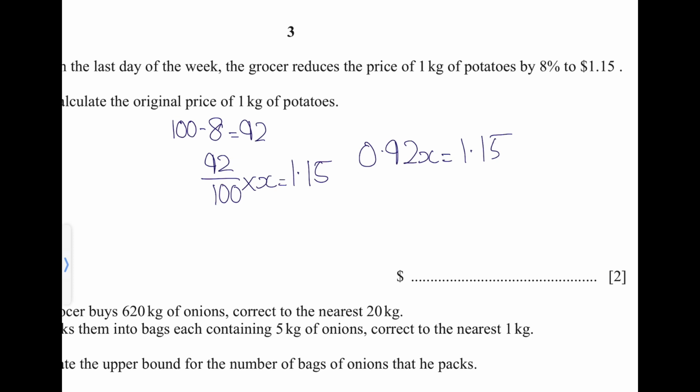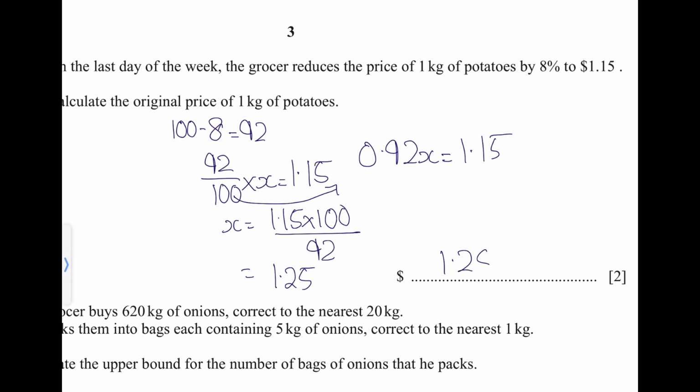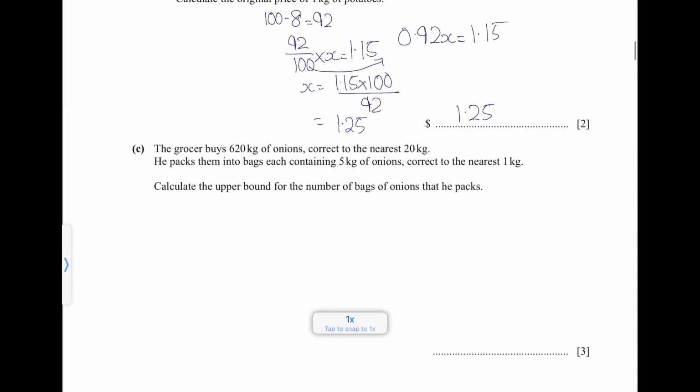To solve this, x is equal to 1.15 times 100 divided by 92. That would give us 1.25. To check it, you can calculate 92% of 1.25, and indeed that would be 1.15.